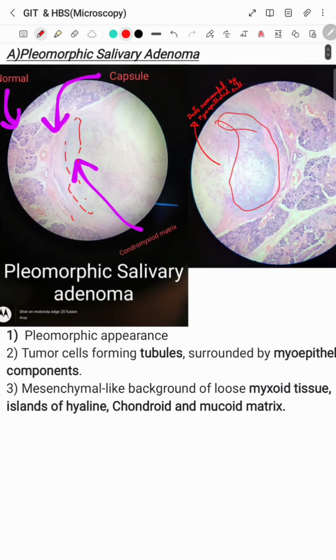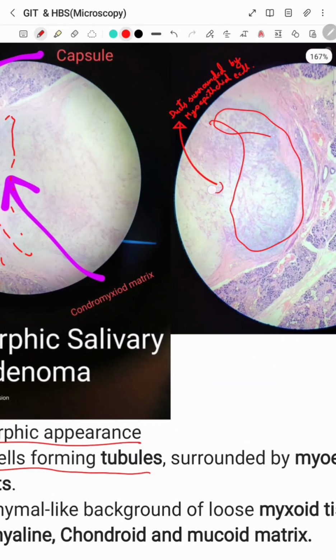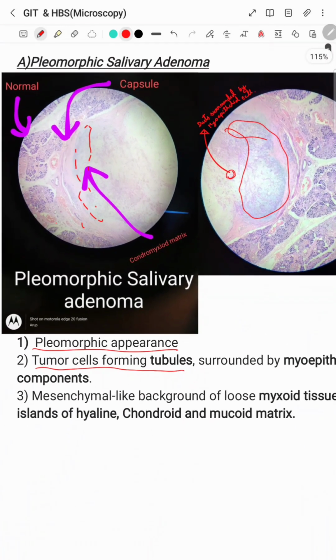So what are the points of the pleomorphic salivary adenoma you have to write in the exam? First, pleomorphic appearance is seen here. Tumor cells are forming tubules surrounded by the myoepithelial cell. We cannot see it properly here, but you have to write it.